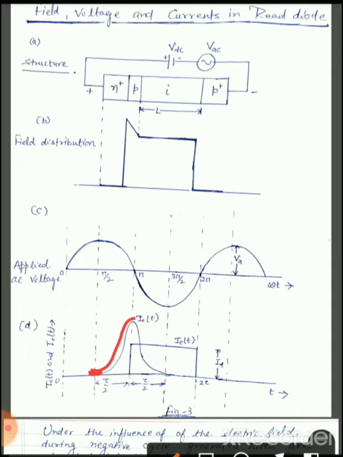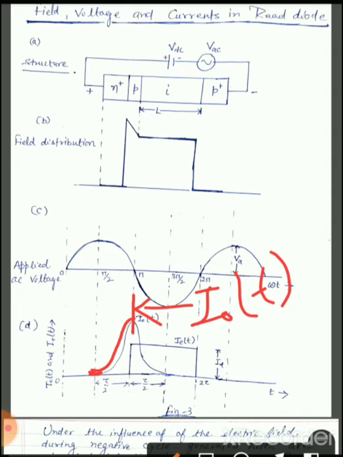So this is the current during the applied positive half cycle of the AC voltage. This is the current generated due to the breakdown and avalanche multiplication, the exponentially increasing current with time.